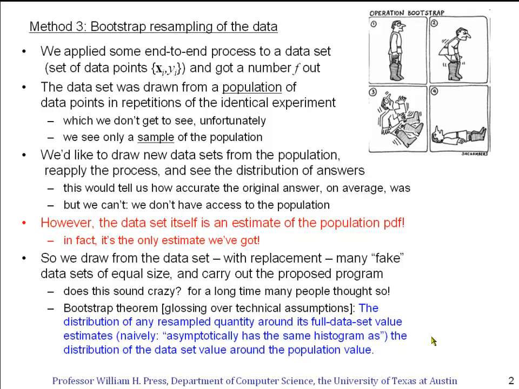But roughly speaking, it says this: the distribution of any resampled quantity around its value that you get from your full data set estimates the distribution of your data set's value around the invisible population value. And estimates here, we'll just use it in a naive sense that asymptotically it has the same histogram.